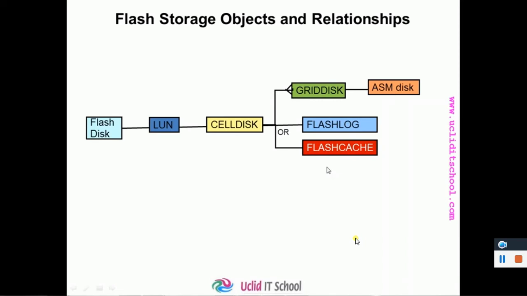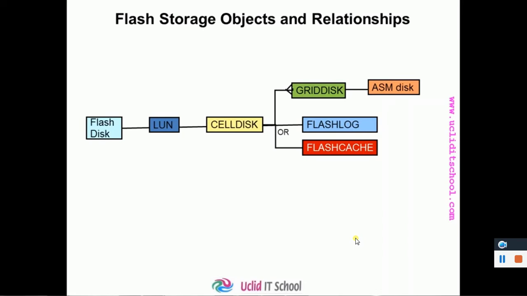If you don't want to use these features, you can use the flash storage to create grid disks and then use these grid disks to create ASM disk groups to store your data. But by default, the initial one command process configures all the flash storage as flash cache and flash log.